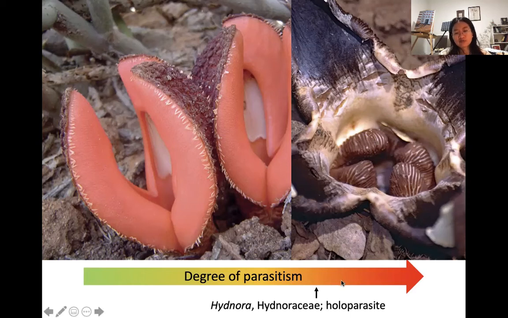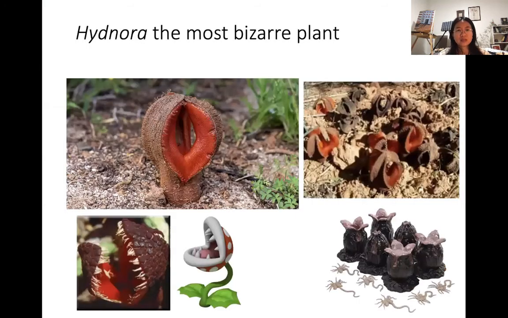So on a spectrum of parasitism, we would like to place it towards the right side, representing a higher level of parasitism. And just by looking at it, you can use all kinds of your imagination.